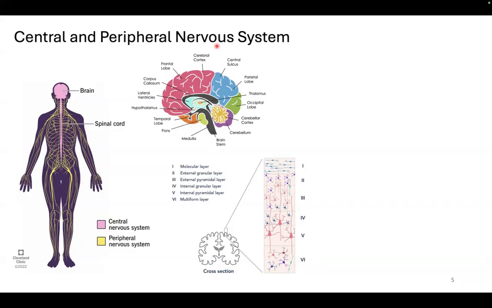For emotions, there's something else. For speech, there is something else, and so on. Again, this is way out of the scope of this course, but you should know that there are different regions of the brain which are important for different aspects, and they have their own neurons and non-neuronal cells and their functions.